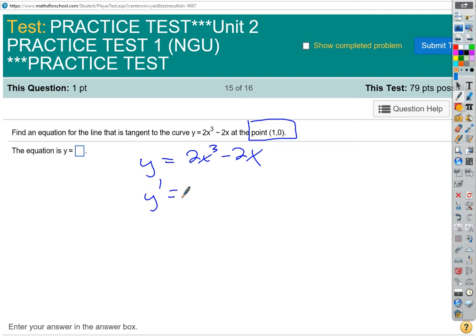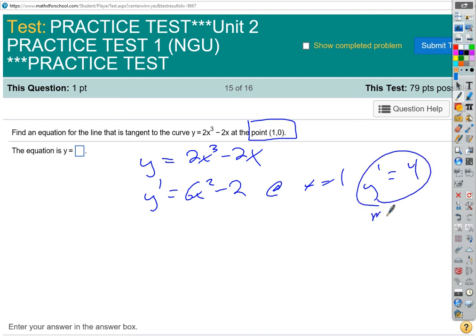What's my derivative? Minus 2. Good. And so at x equals 1, what's y prime equal? 4. So that's the slope of the tangent line, right? So then all we've got to do is y minus y1 equals m times x minus x1.